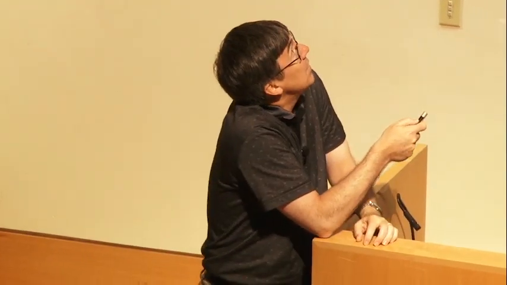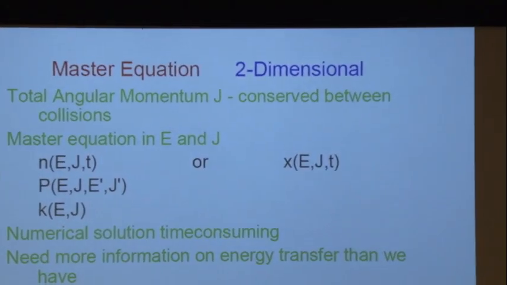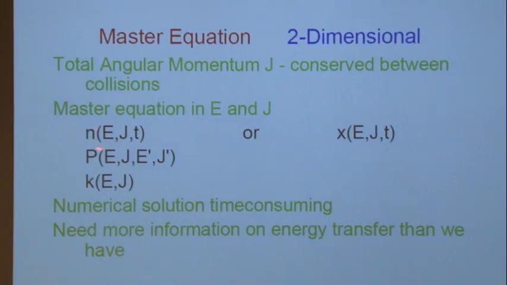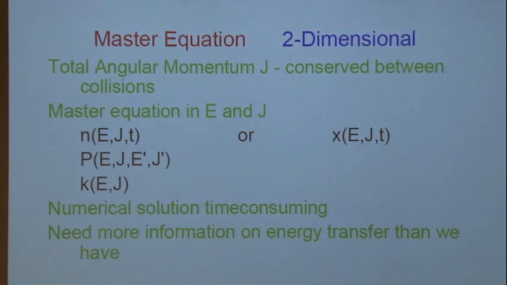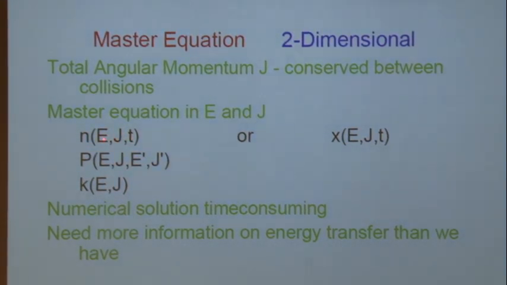When you do that, you now have to say, oh my goodness, now I need to keep track of the population as a function of energy and whatever the conserved quantum numbers are, and time. And so now I get a much bigger matrix, because each of these E and J states needs to be represented as a different state of the system. And now, in principle, I have collisional transfer of energy and angular momentum.